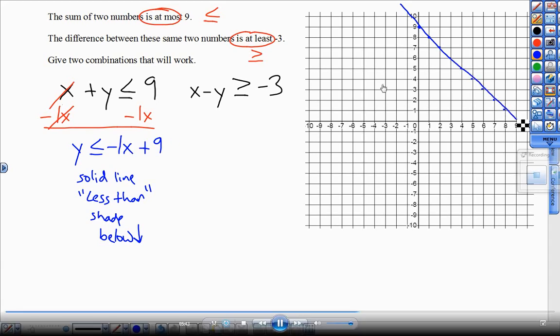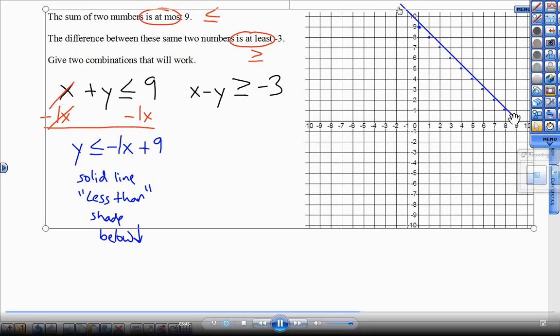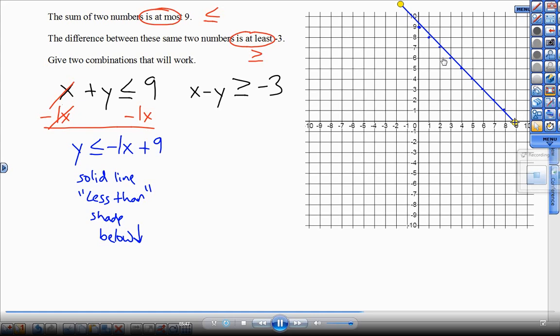And less than means all the points below that line are satisfying this inequality. Any coordinate below this line, 0, 0 works, 0 plus 0, 1, 1 works. All these coordinates, including the ones along this line, underneath here, will satisfy this blue inequality.